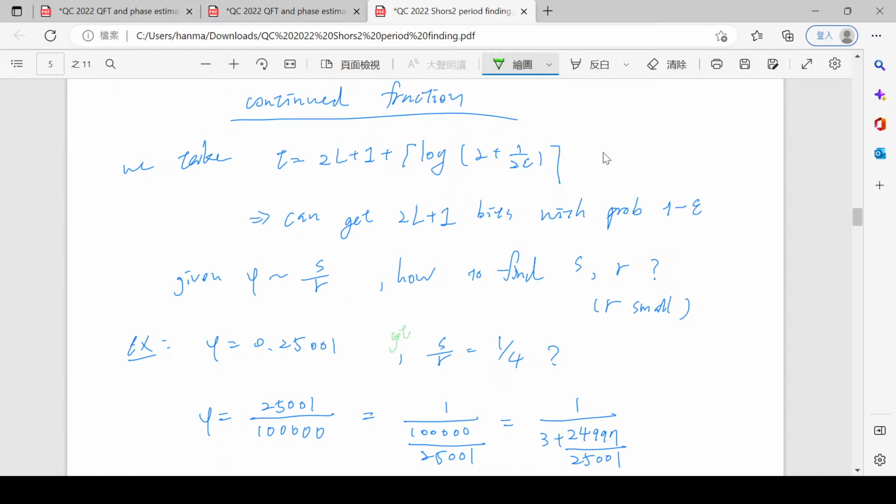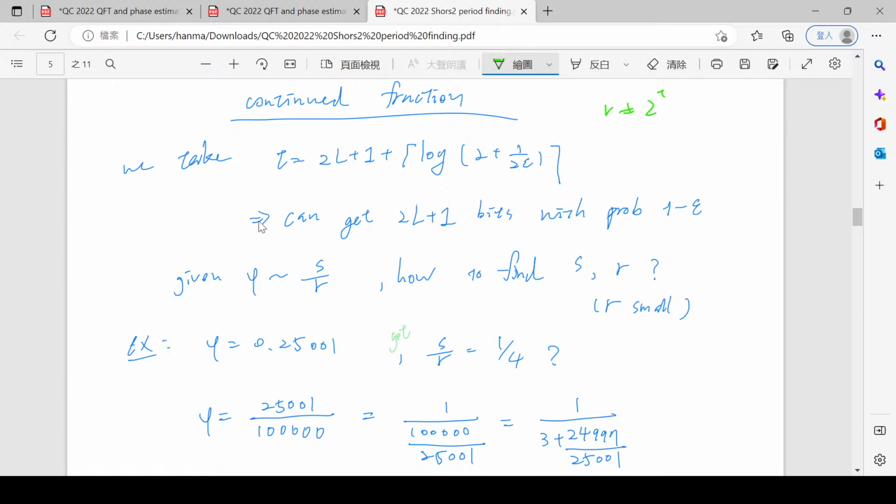If your r is not a power of 2, then we'll have some error in our phase estimation.